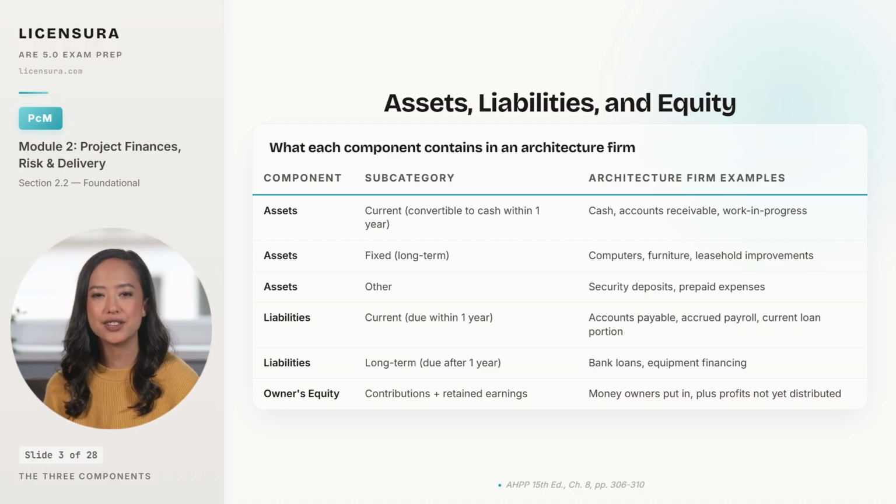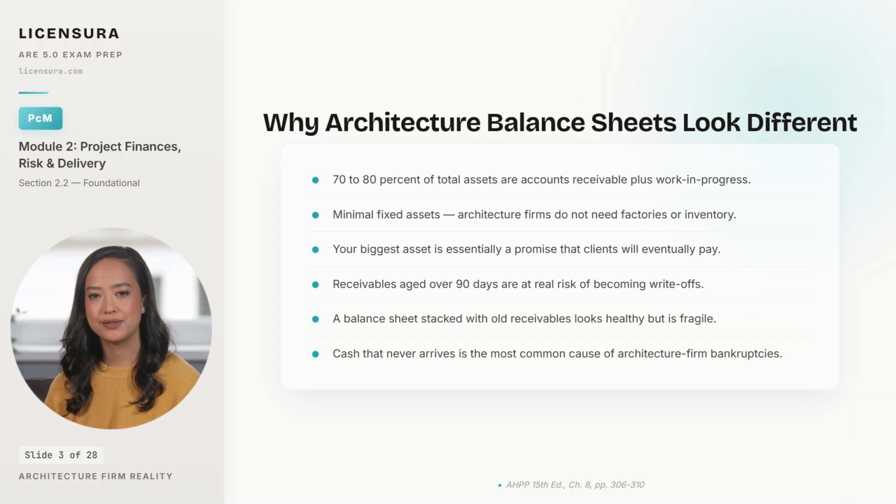Now here is the part that makes an architecture firm balance sheet look strange to anyone who came from manufacturing or retail. An architecture firm balance sheet looks unlike most businesses, and the difference is critical to understand.